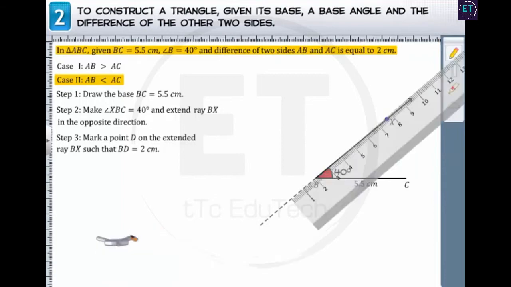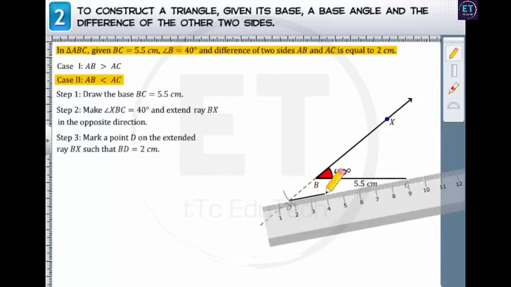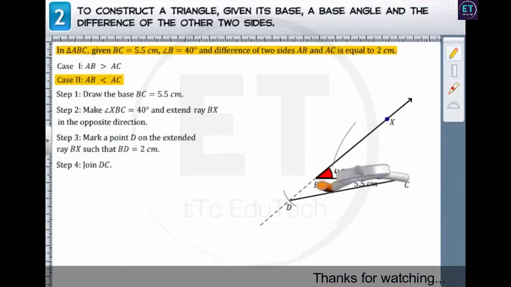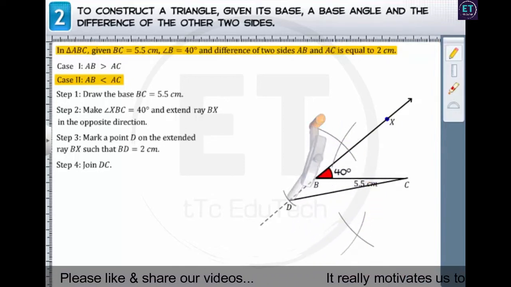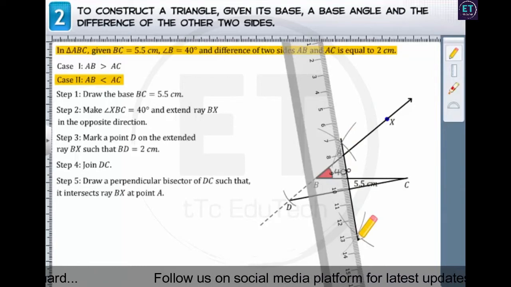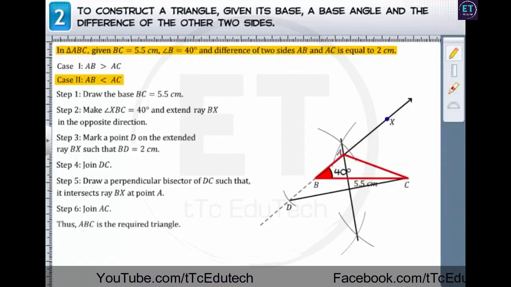Mark an arc with a radius of 2 centimeters on the extended ray BX at a point D. BD is equal to the difference of the given sides. Join DC. Draw a perpendicular bisector of the line segment CD such that it intersects the ray BX at point A. Join the points A and C. Thus ABC is the required triangle.